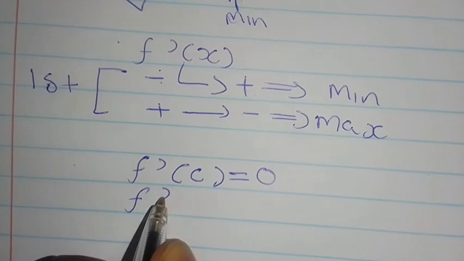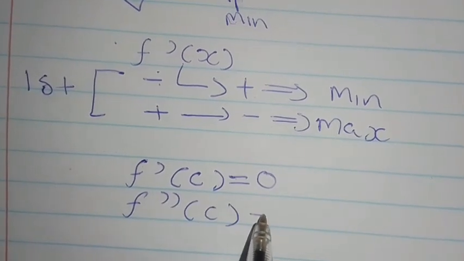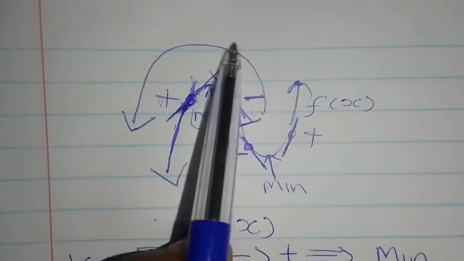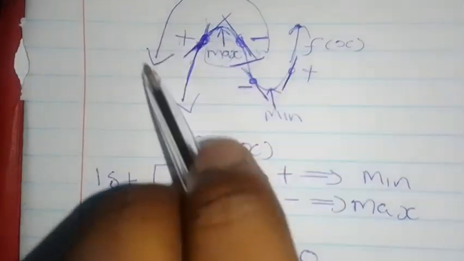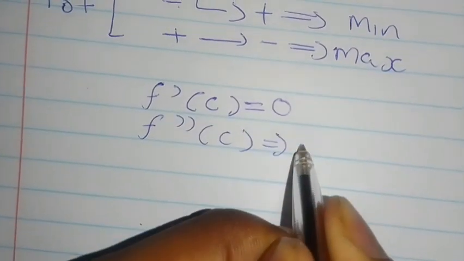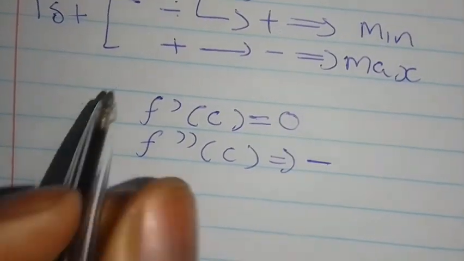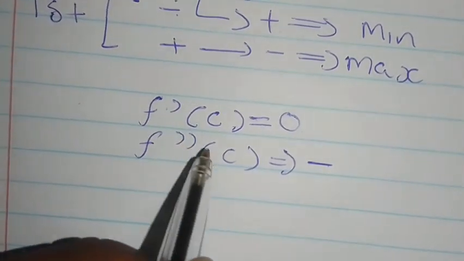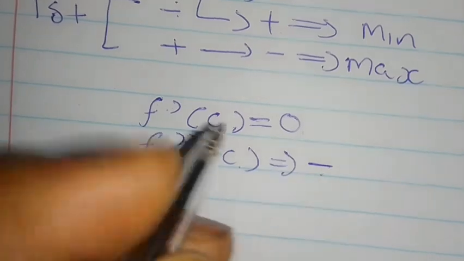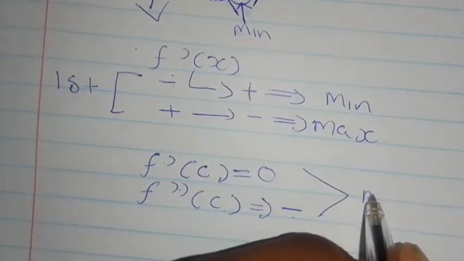Now, what does this mean about the second derivative? You can see that the graph slope faces down, ignoring this other part, meaning that the second derivative is negative. So if f prime at c is 0 and the second derivative at c is negative, then you have a maximum.